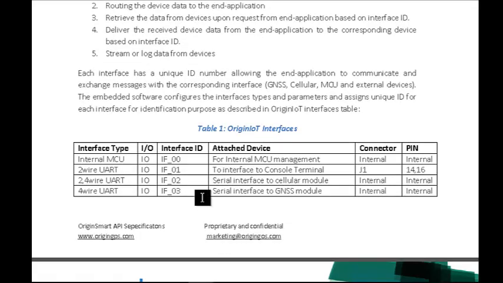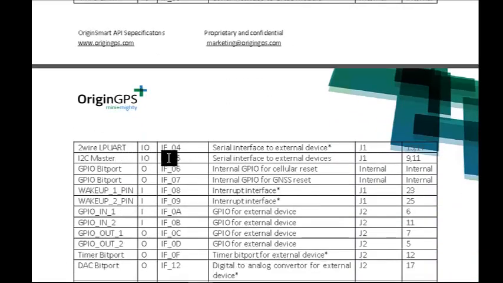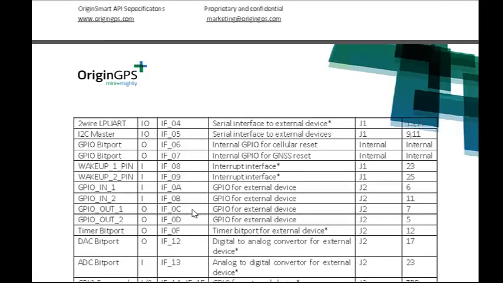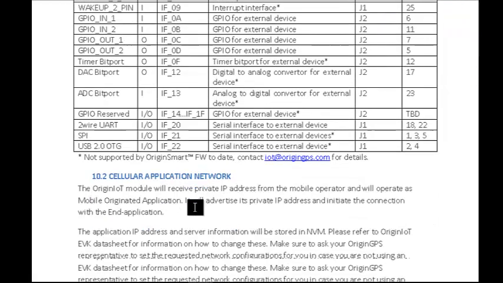And for example, let's look at the external ones. You have the I2C, which is important because you can connect over 100 devices to it. So this is interface 05, and you got some GPIOs at interfaces 0A to 0D, and the wake up pins and the SPI and analog to digital. It's all in this table.